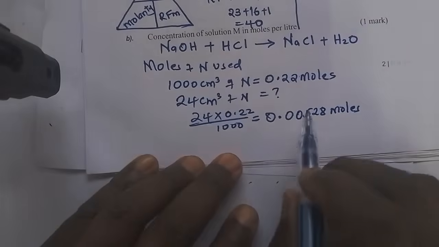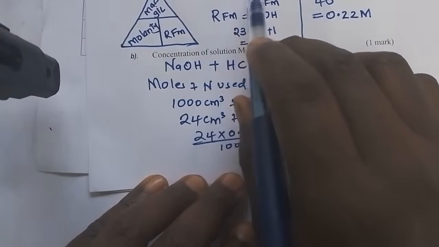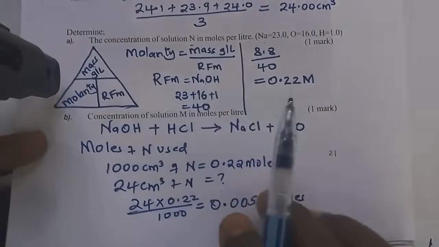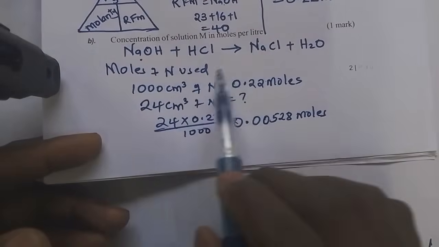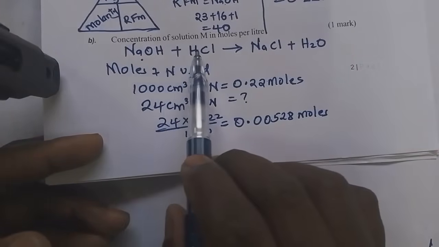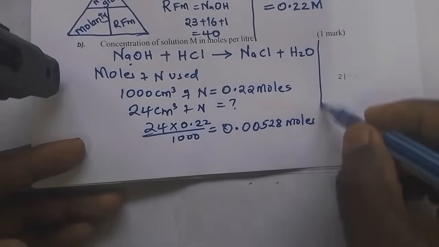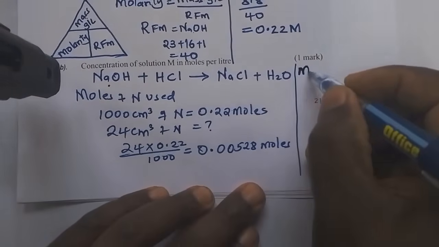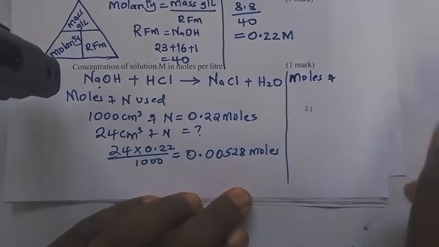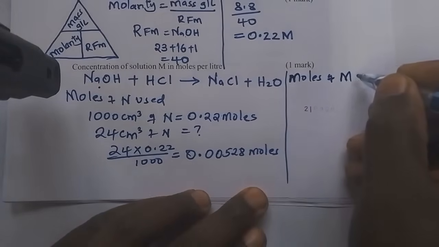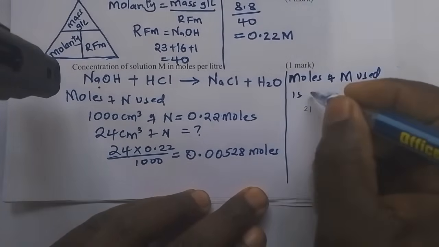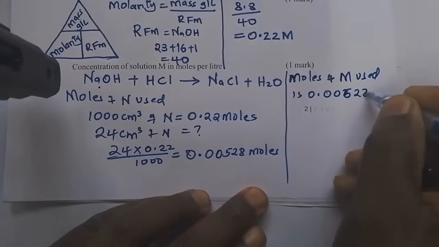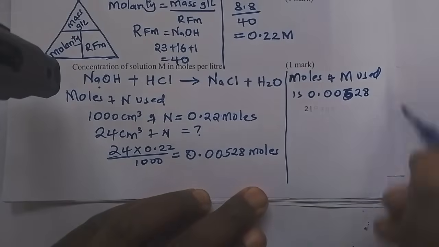Now, this is the number of moles of N used, that is sodium hydroxide. But the ratio here is 1 to 1. It means the number of moles of sodium hydroxide is the same as the number of moles of HCl. Therefore, moles of M used is 0.00528, because the mole ratio is the same.